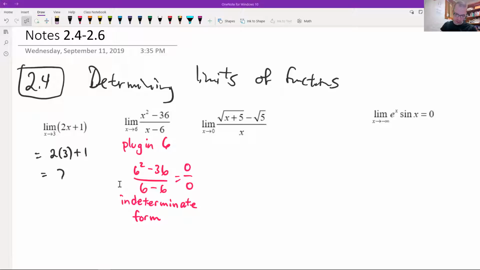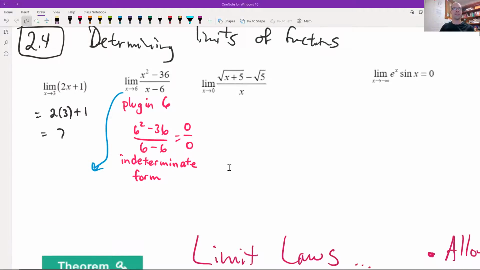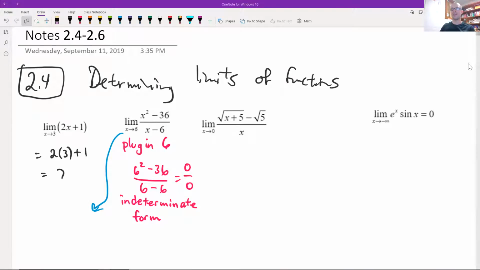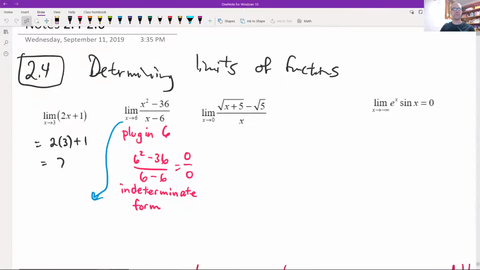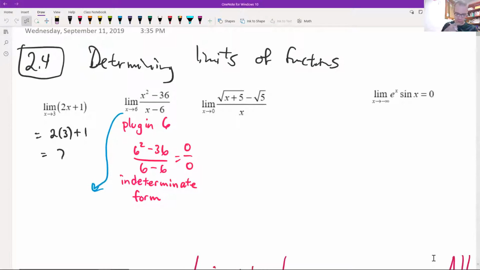I'm going to show my work down here so that it all fits on the screen, and maybe we don't have to move around too much. Okay, so we change x squared minus 36 on top into x plus 6 times x minus 6, and we have that over x minus 6. That allows us to cancel the x minus 6 factor on top and bottom.